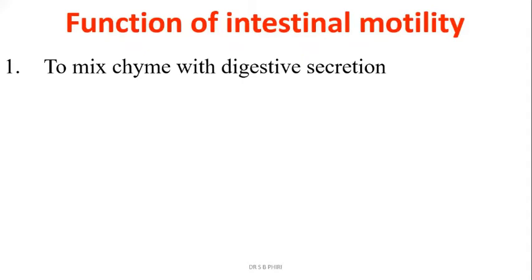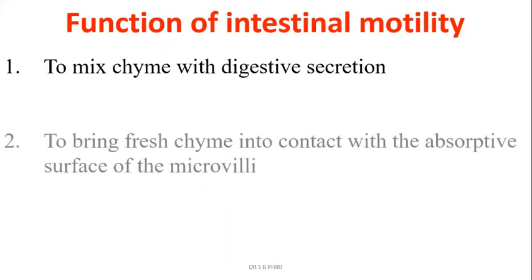So this motility will mix the chyme with the digestive secretions so that digestion can proceed within the small intestines. You need to mix it with the enzymes for digestion and also for absorption to take place.